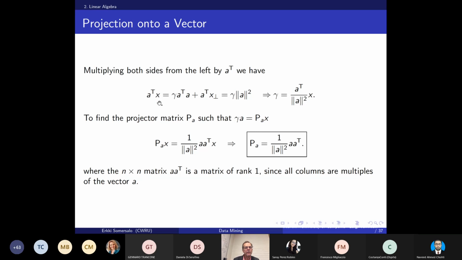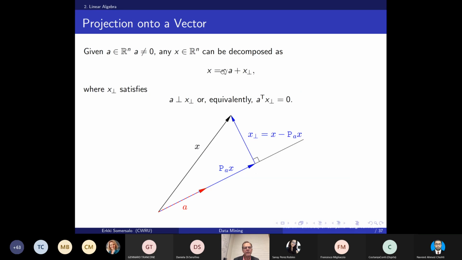So what is gamma? Suppose you need to solve for this gamma. You use the fact that this x perp is perpendicular to A. So if I take the inner product with A, I write A transpose x.